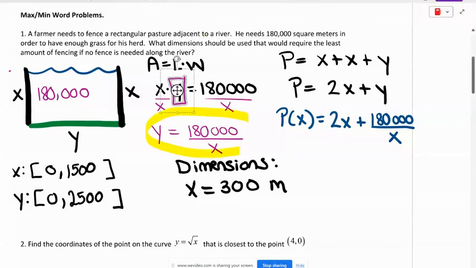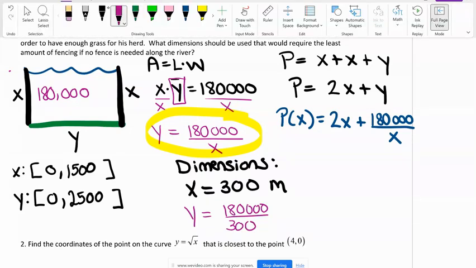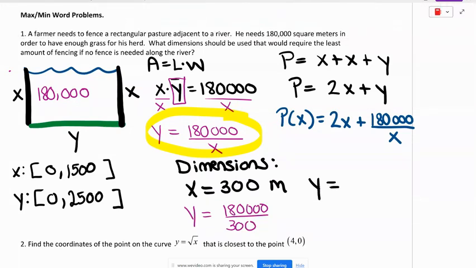Isn't y equal to 180,000 divided by x? So our y is going to be 180,000 divided by 300. So what is our y? 600 meters. So these are our dimensions.